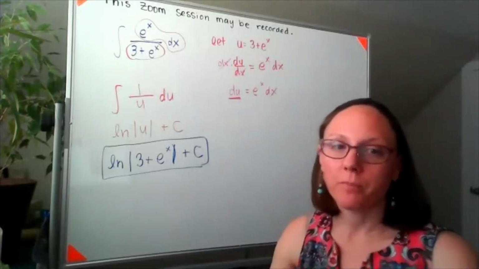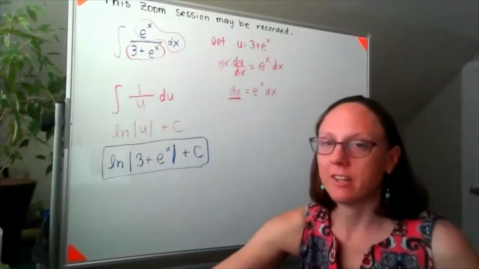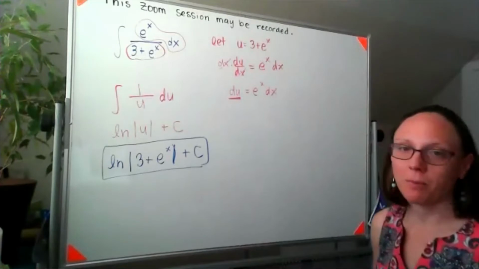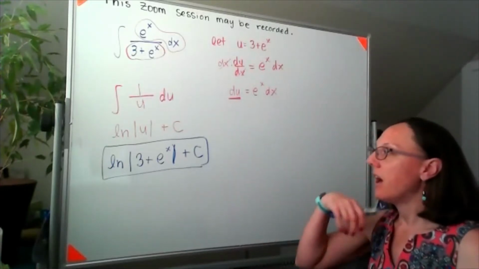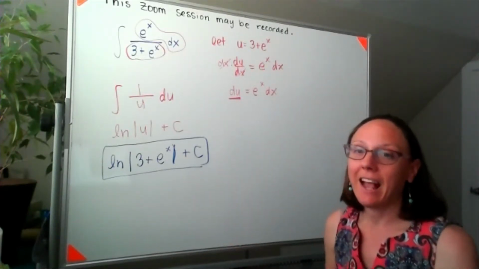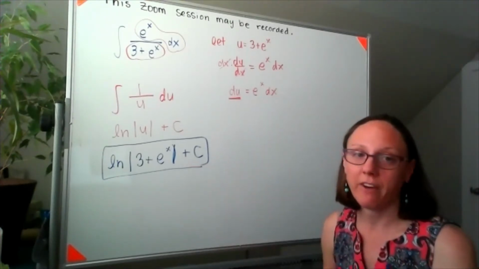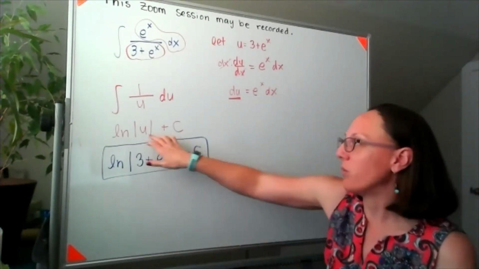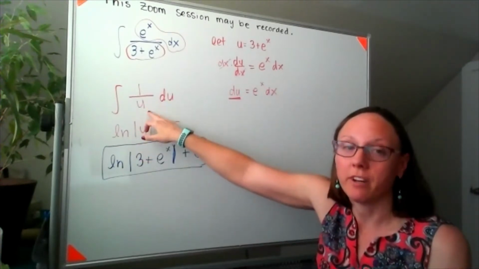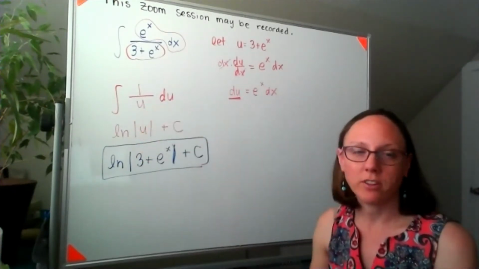Okay, so I think we talked a little bit about this, gosh, maybe on the first day of co-class. The reason that the absolute value is there for the antiderivative of 1 over u comes down to the domain.